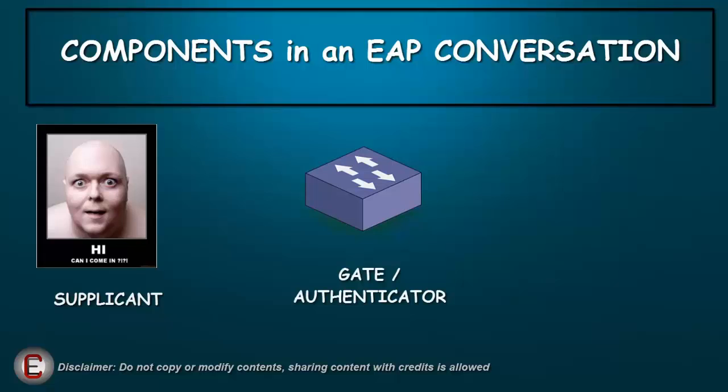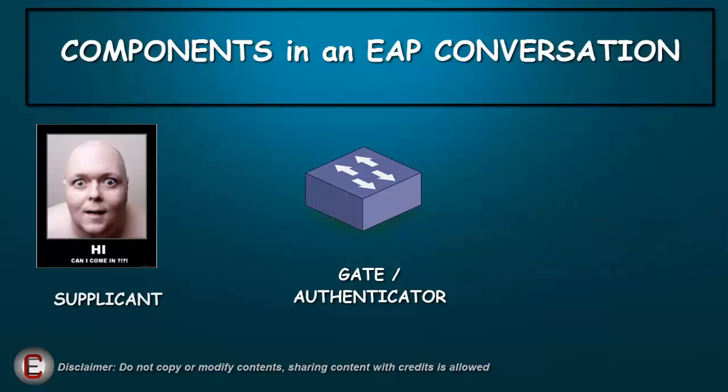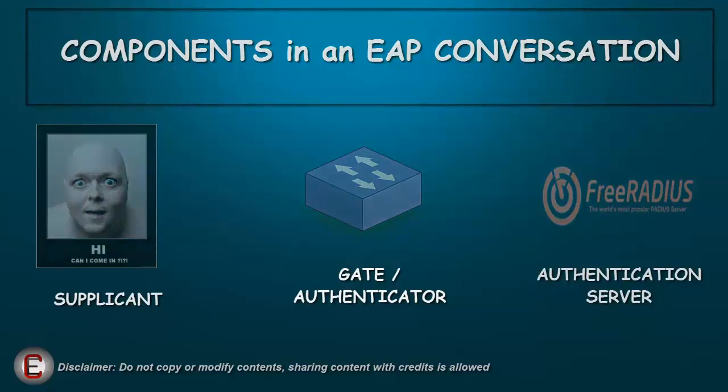This is the authenticator, the second component. The authenticator is usually a device which provides a path to the network or the network resources. This gate or device can be instructed to either allow or deny access to a supplicant. Who gives this instruction? The authentication server makes this decision, which is the third component.